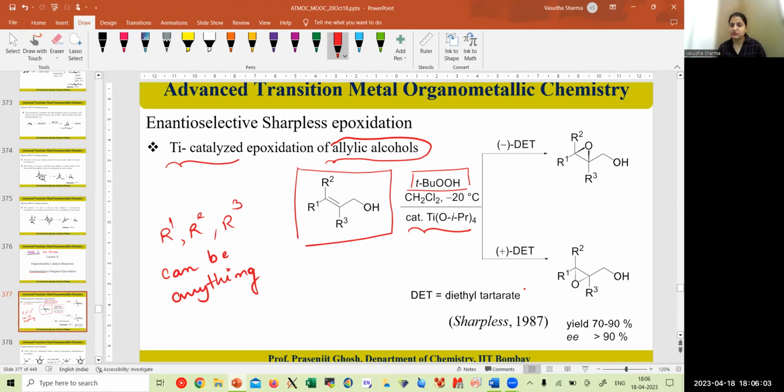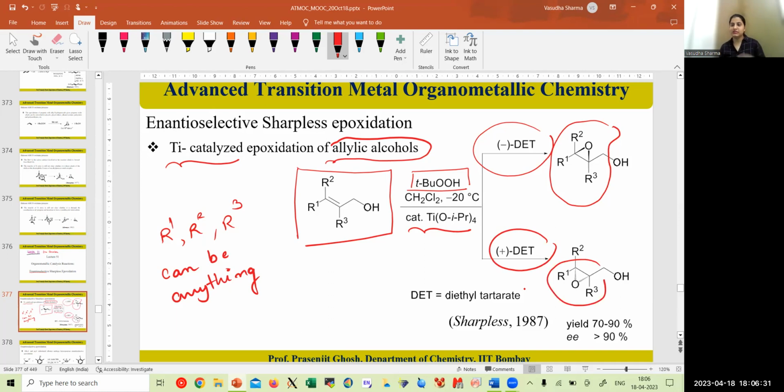If we are using diethyl tartrate, which has these minus and plus signs, these are two enantiomers, plus and minus. If we are treating it with this particular enantiomer, we will end up having chirality like this with a dash bond on the oxygen. That means the oxide is forming in a particular enantiomeric form. And if we are treating it with plus DET, it will have this kind of oxidation.